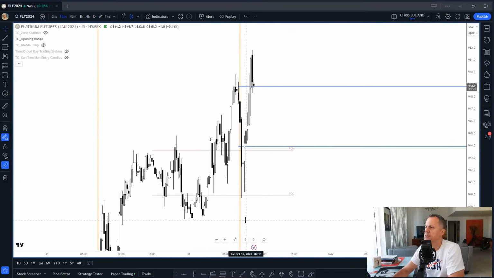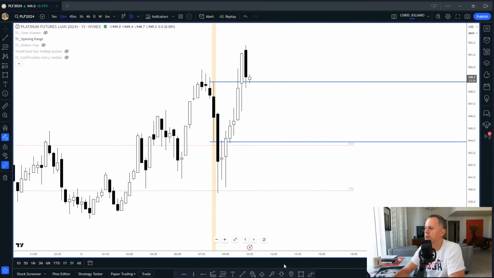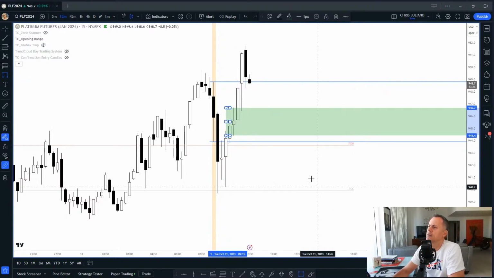That's a real big zone down here. We do have a rally base rally that broke structure right here. And this candle sort of just tapped it already. Let's widen that up so you guys can see.